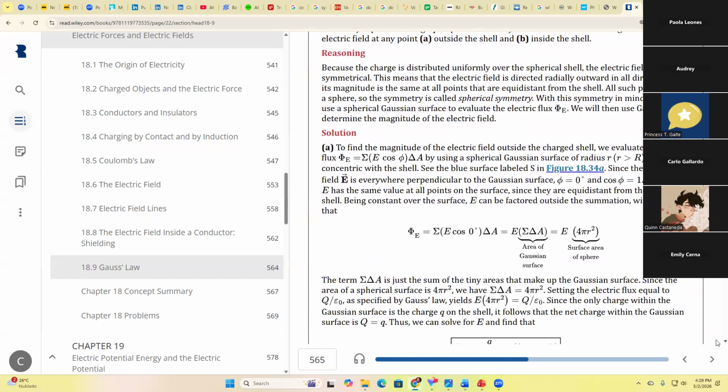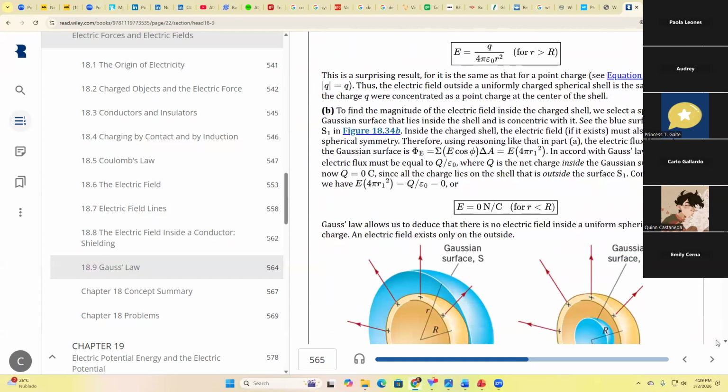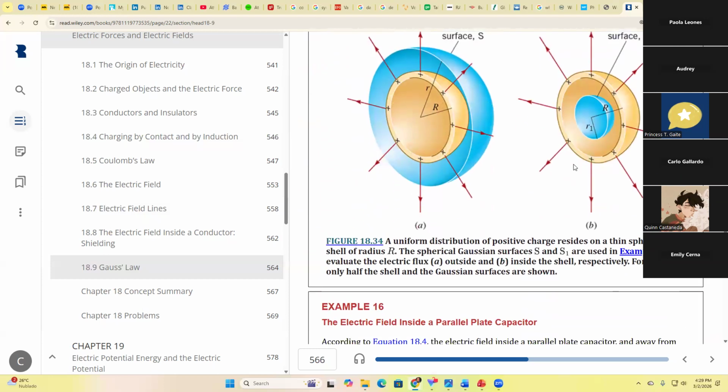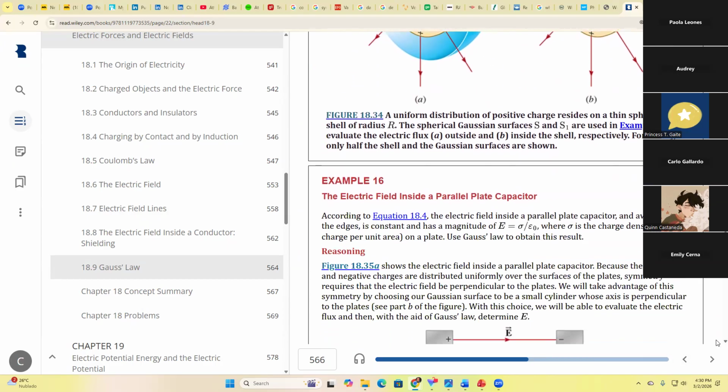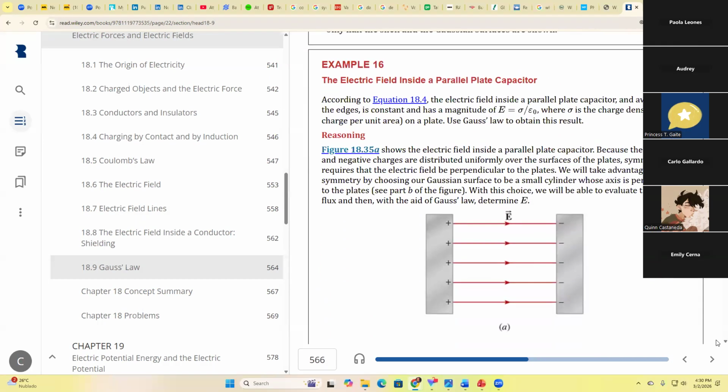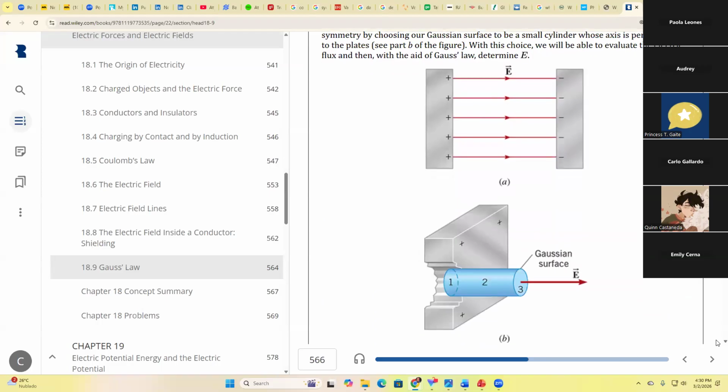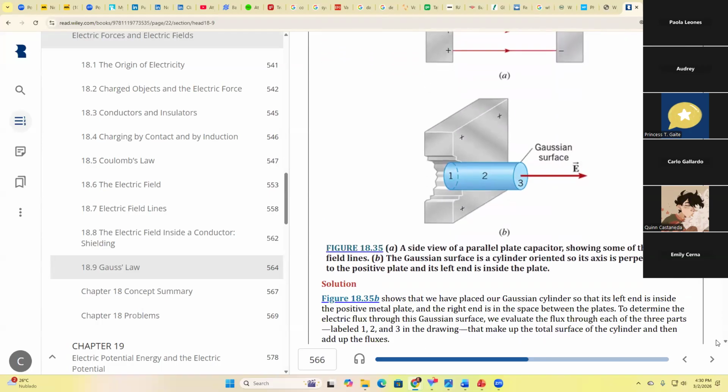Thin spherical shell, we did that. Okay, here you go. See the Gaussian surface inside the spherical shell, Gaussian surface outside the spherical shell. Parallel plate capacitor. This is exactly what we did, right? Gaussian surface. I don't like the way he did here.